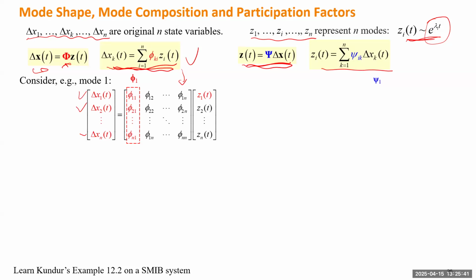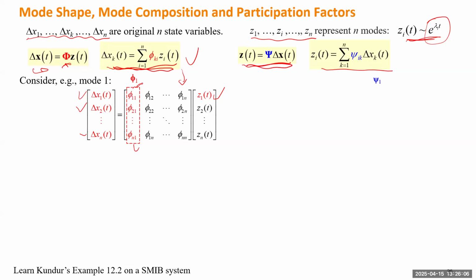But in the new state space, it only appears in the first state variable. How does that first state variable propagate to the entire system? It needs to multiply the first column of the modal matrix and contribute to each of the original state variables. The first column is the right eigenvector of the first eigenvalue.